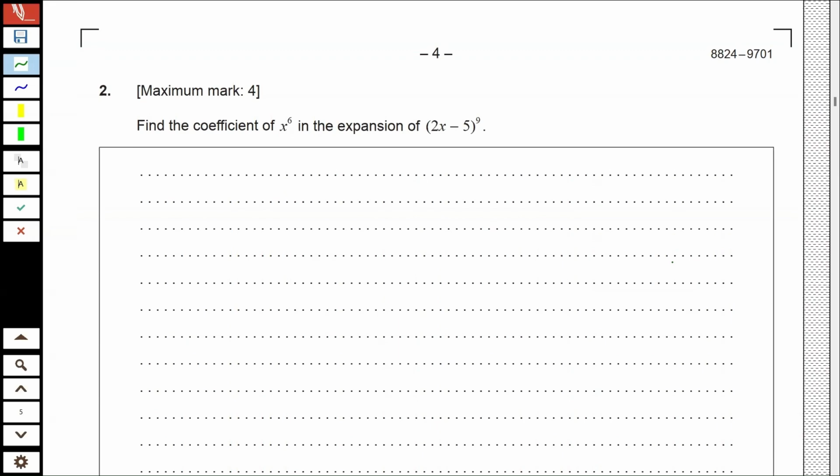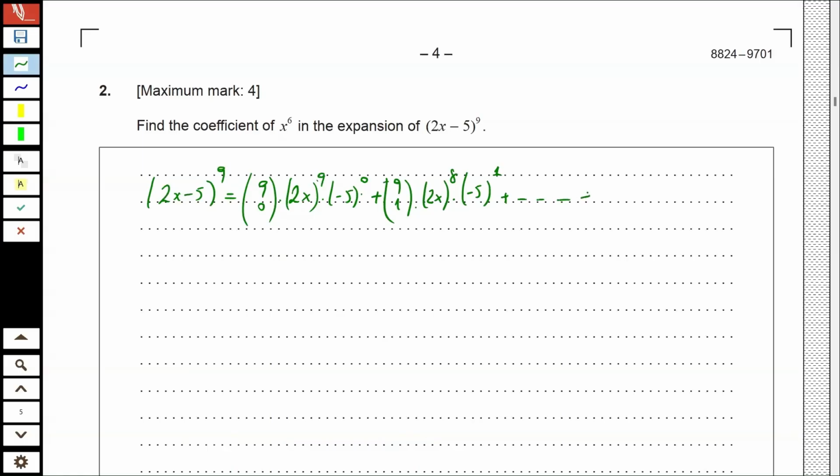Question 2, find the coefficient of x to the power of 6 in the expansion of 2 times x minus 5 to the power of 9. So we're going to find the binomial expression of this, which is 9 choose 0 times 2 times x to the power of 9 times minus 5 to the power of 0, plus 9 choose 1, 2 times x to the power of 8 times minus 5 to the power of 1.